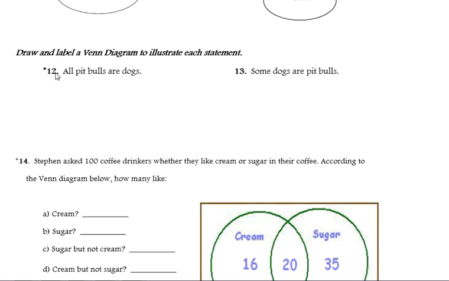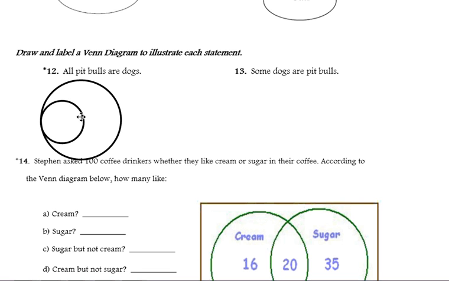Number 12, we want to draw and label a Venn diagram to illustrate the statement of all pit bulls are dogs. So remember, when you have a Venn diagram and it has all in front of it, we want to start with a large circle that completely surrounds a smaller circle.